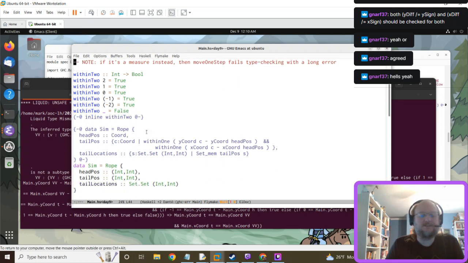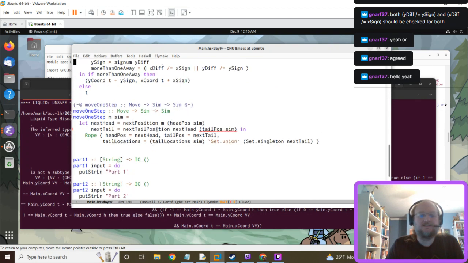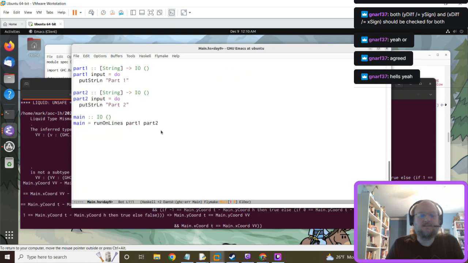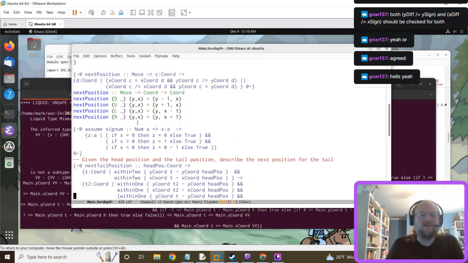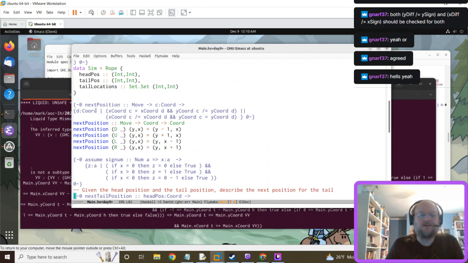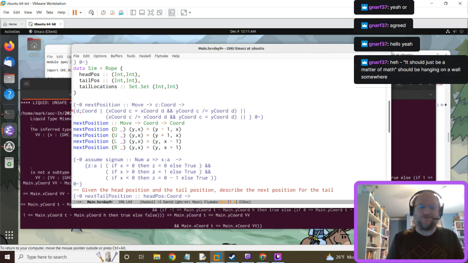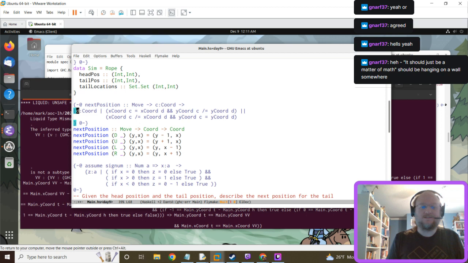Double check my definition there. Okay, so we didn't give enough information next position, right? All we said is it's different, but we didn't prove that the new position is within 1 of the old position. So that's what we need to add to its specification.